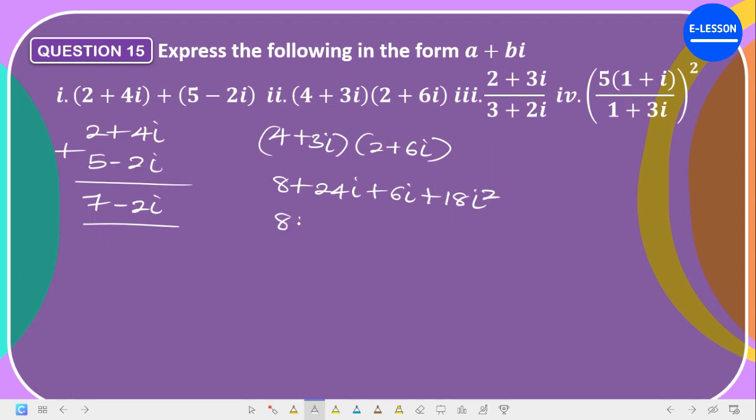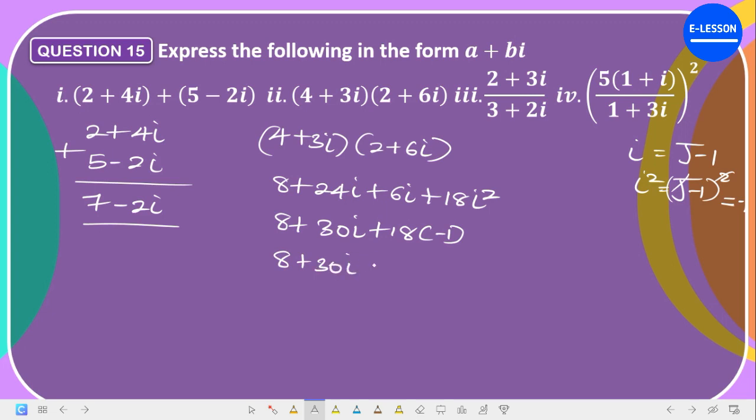And this becomes 8 plus 24i plus 6i is 30i, plus 18 i squared. I told you i squared is what? Minus 1. i is root minus 1. i squared is root minus 1 squared, which is what? Minus 1.